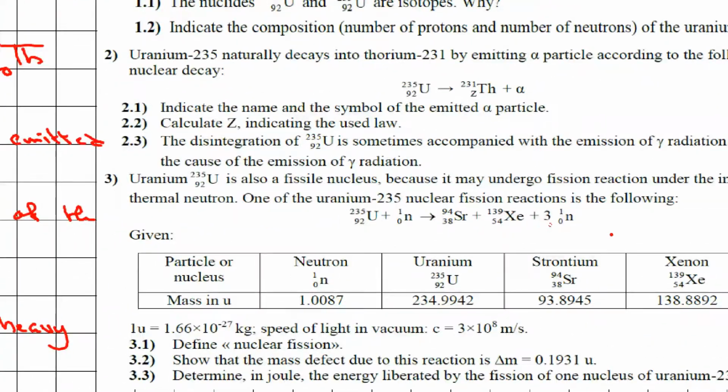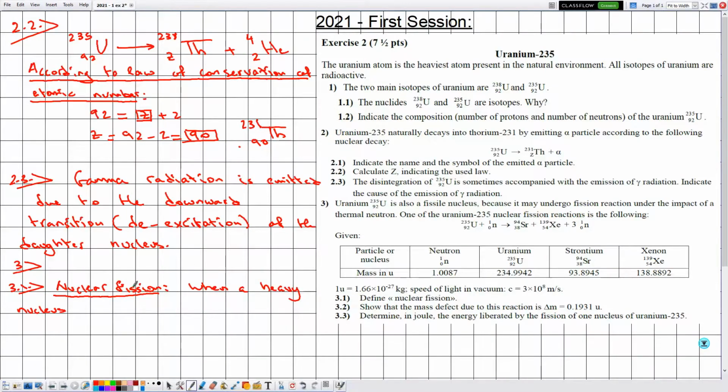So this is the nucleus. Why is uranium-235 considered to be heavy? Because this number is much larger than 94 and 139, and 1. It is divided into lighter nuclei.